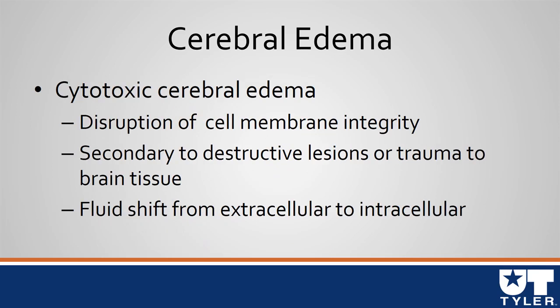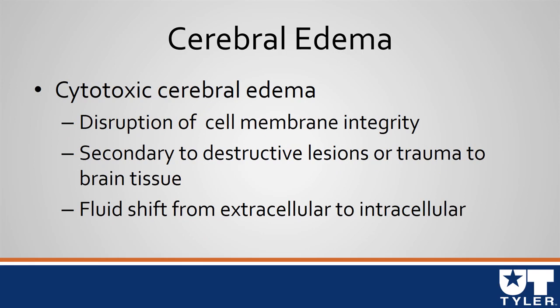Cytotoxic cerebral edema results from the disruption of the integrity of the cell membranes. Cytotoxic cerebral edema develops from destructive lesions or trauma to brain tissue, which results in cerebral hypoxia or anoxia and syndrome of inappropriate antidiuretic hormone or SIADH secretion.